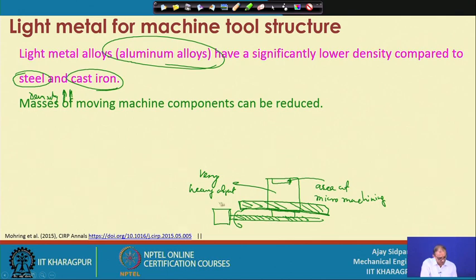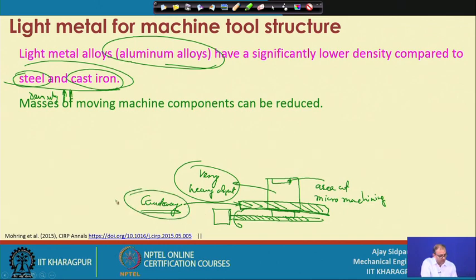Correct. So, now if you see this particular thing, you consider it as a slide way or guide way, correct. So, if you are using steel and cast iron, your weight will be very high, because you already have a heavy object, and other than the heavy object your guide way is also very heavy.